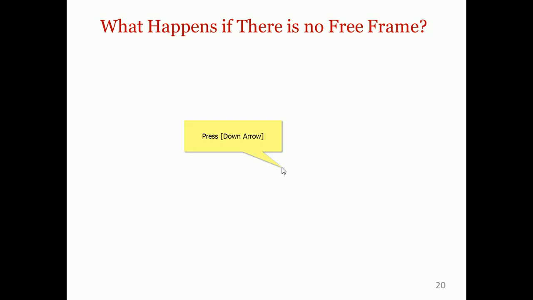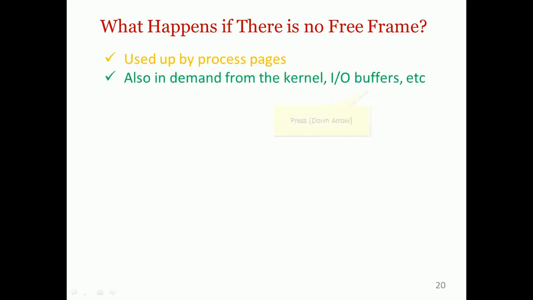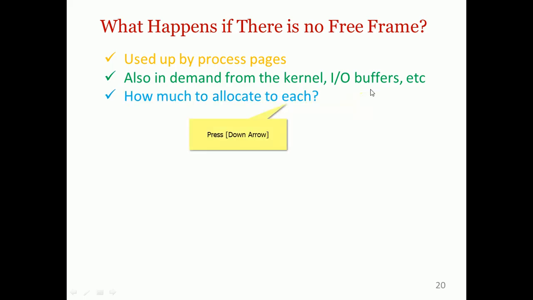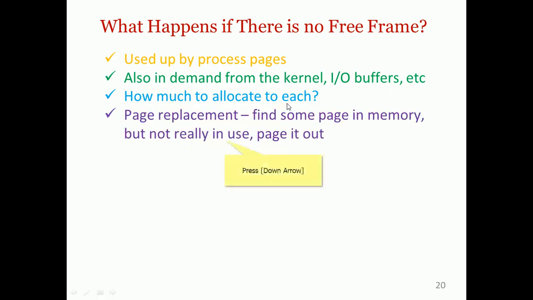What happens if there are no free frames? Frames are used by process pages and are also in demand from the kernel, I/O buffers, etc. How much to allocate to each of them? Page replacement algorithms handle this: find some page in memory that is not really in use, and page it out.